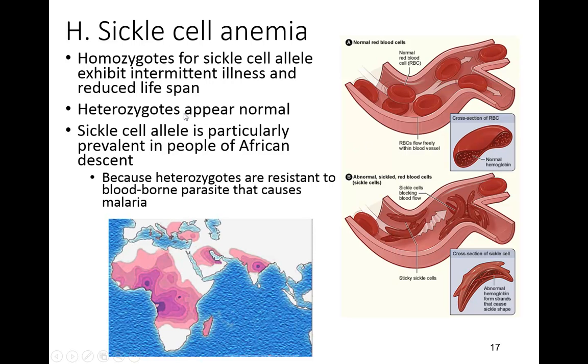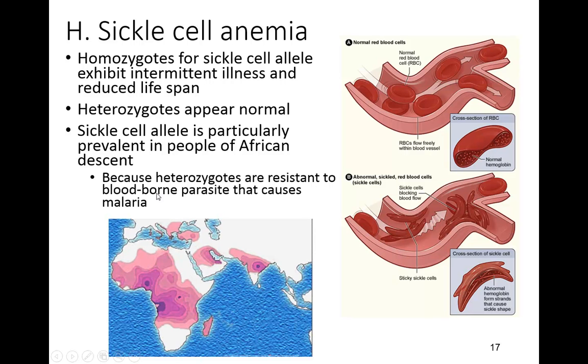If you're homozygous for sickle cell anemia, then you'll have very impaired health, and usually they have a reduced lifespan. But heterozygotes appear normal, probably because they have some normal blood and some sickle cell blood. One benefit of this, though, is that the parasite that causes malaria isn't able to infect the sickle cell blood.